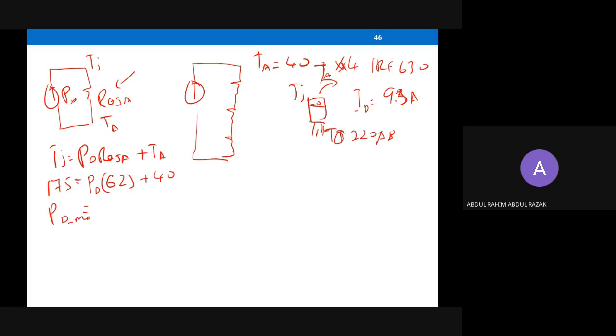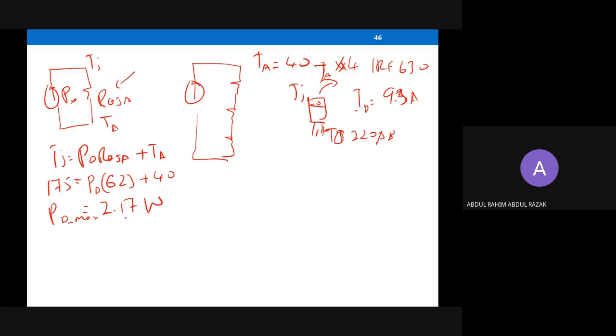PD max here is 175 minus 40, divided by 62. You will get 2.17 watt. This is the maximum dissipated power this switch can withstand, so you cannot exceed 2 watts.